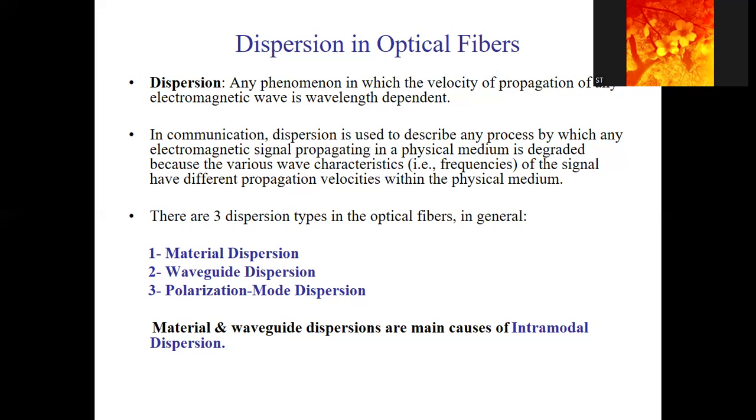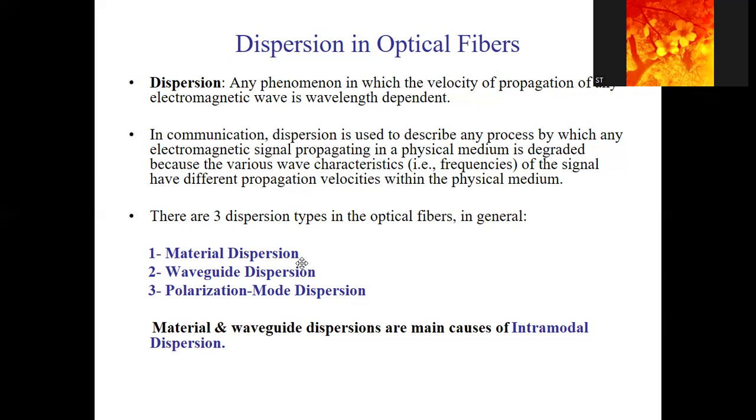Wave characteristics basically depend on the frequencies of the signals. So various wave characteristics of the signal have different propagation velocity within the physical medium. Here the medium can be air, water, or no medium.